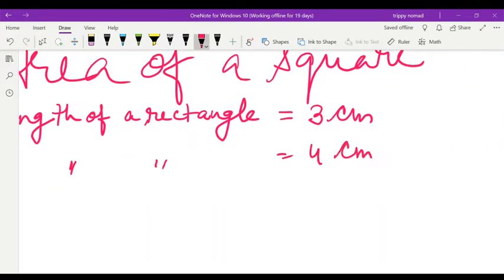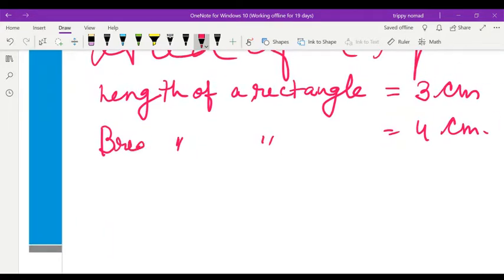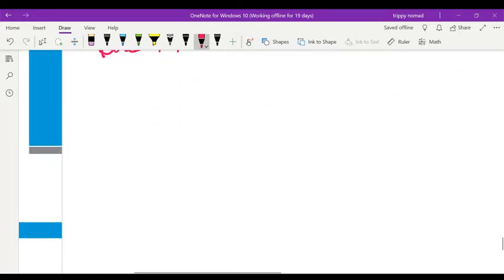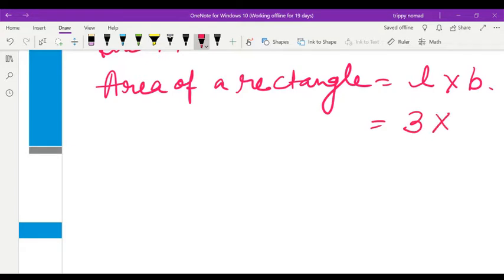You will write the complete statement. And then area of a rectangle: first you will put the formula, that is L into B. 3 into 4, what will it be? 3 fours are 12 centimeter square.